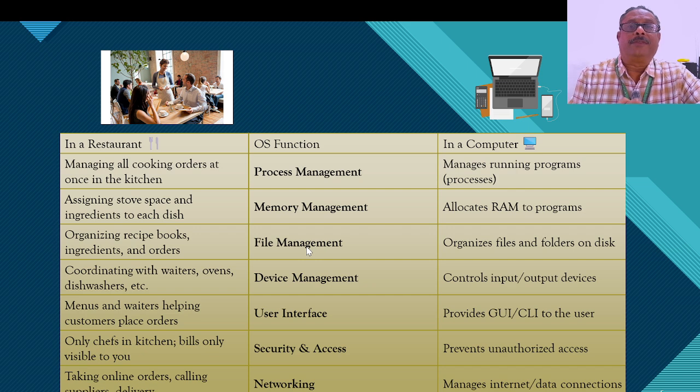Then we have file management. In the case of a restaurant, it's organizing the recipe books, ingredients, and orders.